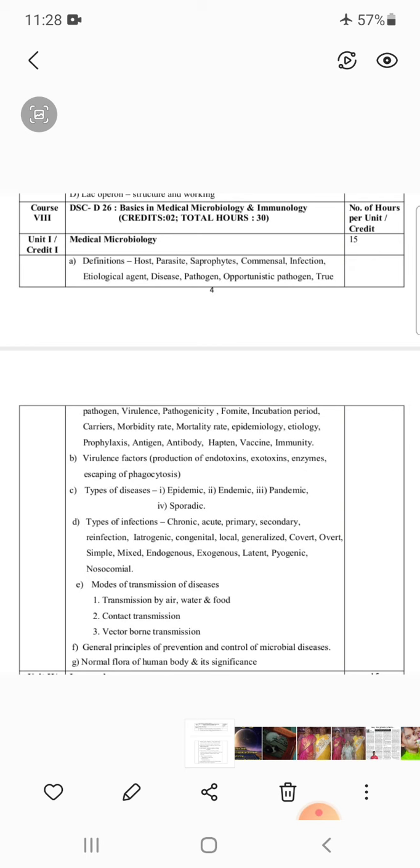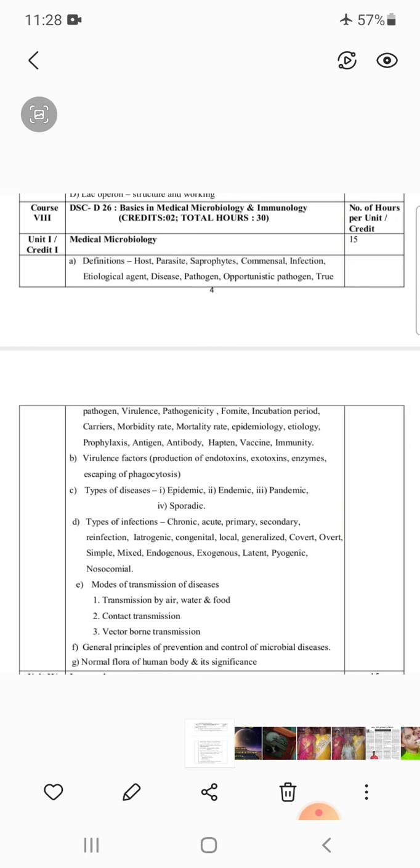Now, saprophyte means what? Saprophytes are organisms, a plant, a fungus or a microorganism, that live on dead and decaying organic matter. That type of organism is known as a saprophyte.